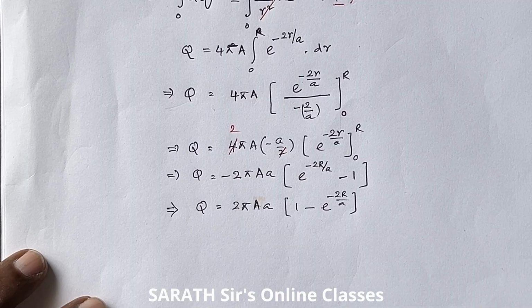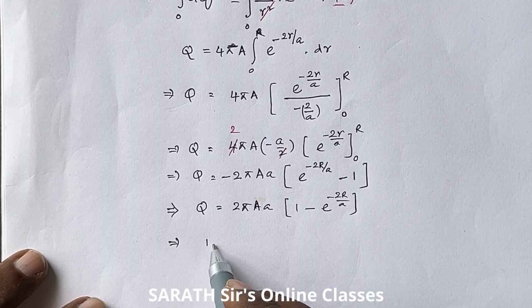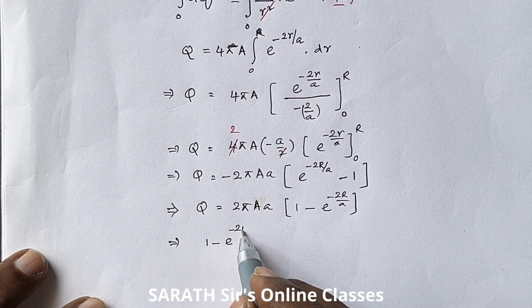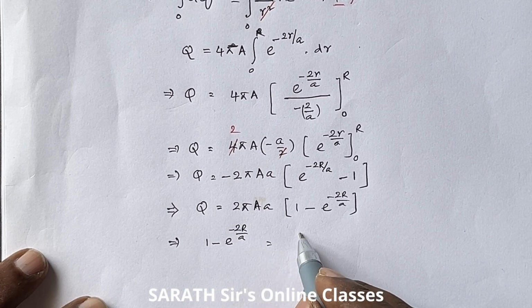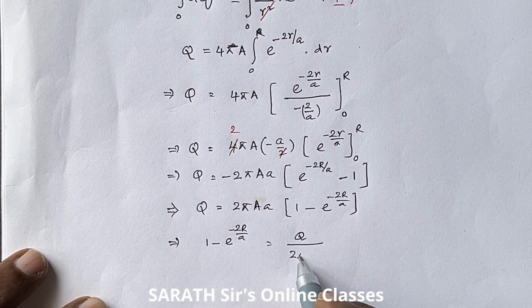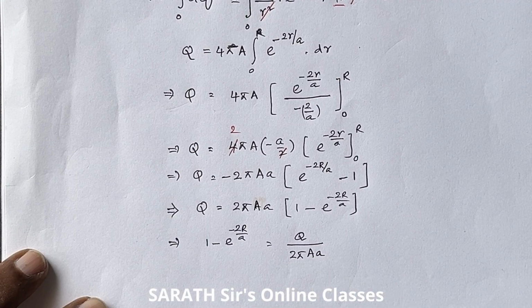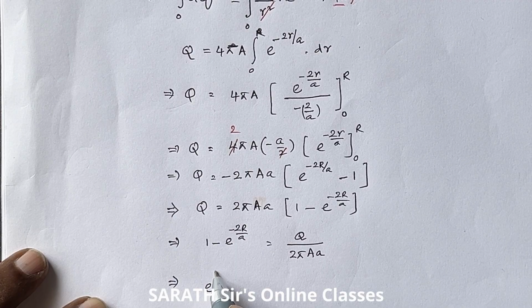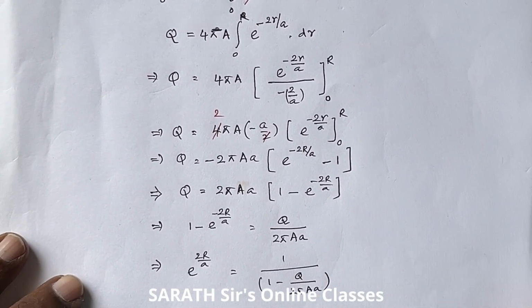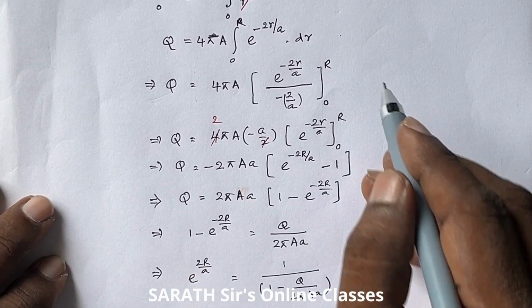Now that implies 1 minus e power minus 2r by a is equal to Q by 2 pi capital A small a. From it, e power 2r by a is equal to 1 by 1 minus Q by 2 pi A a. From this we have to calculate the r value.